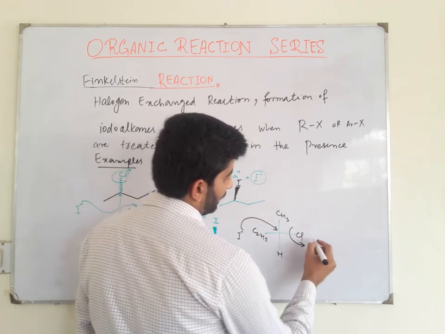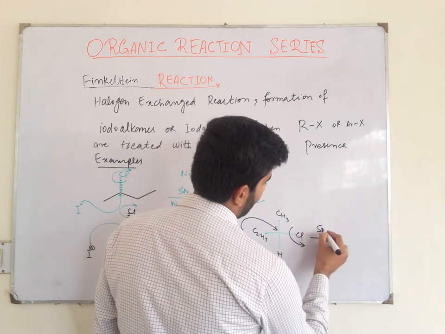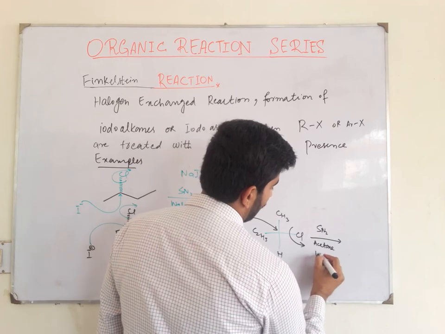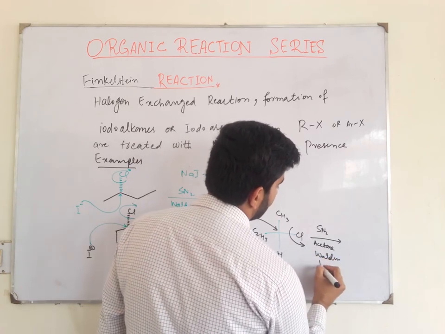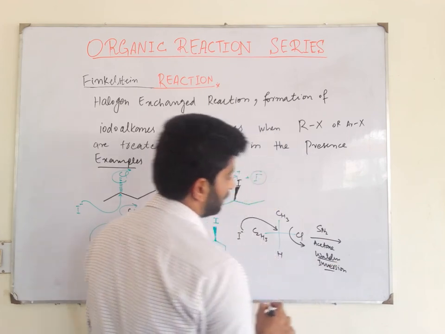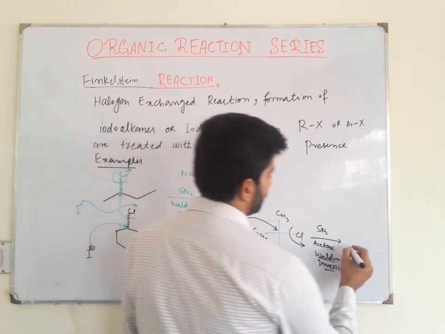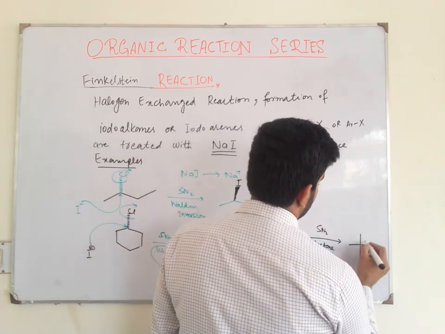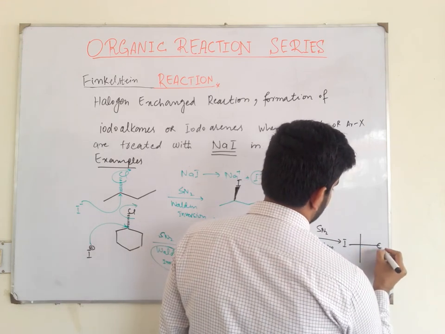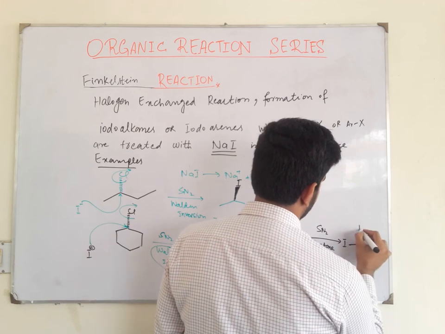The chloride ion is eliminated, and it follows the SN2 mechanism. The reaction takes place in the presence of acetone, and Walden inversion takes place. There is a change in the stereochemistry of the reactants and products, and there is formation of this product.